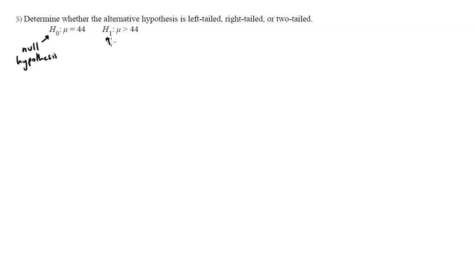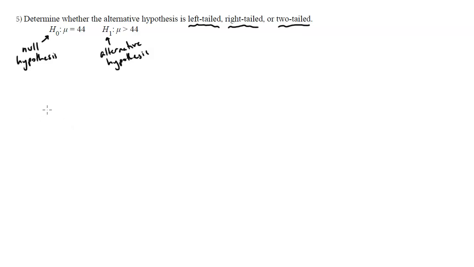H sub 1 or H sub A, you might see it as, is the alternative hypothesis. And when I do this hypothesis testing process, I love to draw pictures when I'm following that 5-step process. So there's 3, as you can probably see from the choices, there's 3 possibilities here.